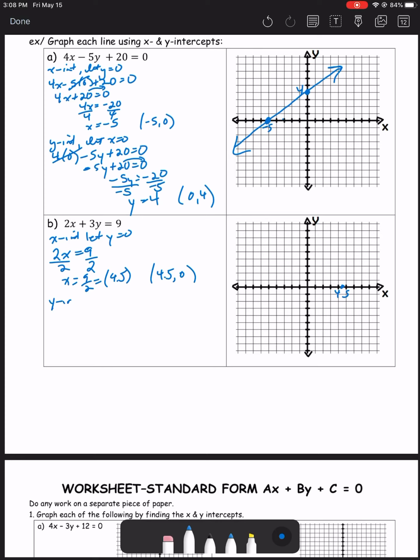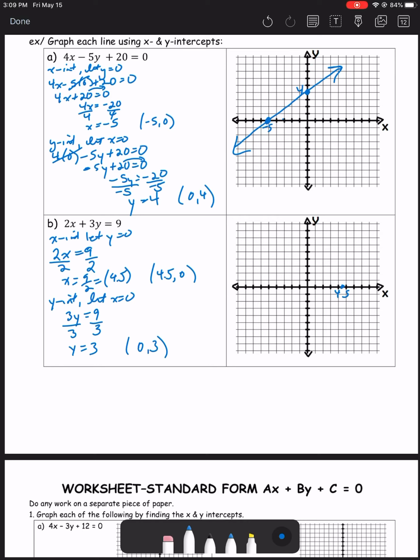And then for the y-intercept, let x equal 0. And so I'm not going to write that first term down because it equals 0 anyway. So I'm just going to write down 3y equals 9. So y equals 3, and that corresponds to the point 0, 3.